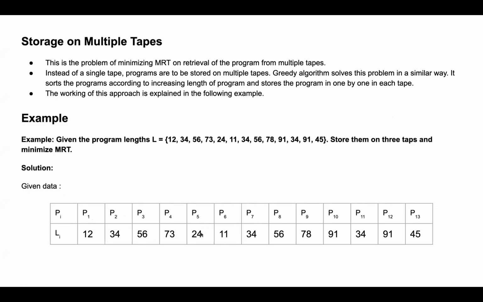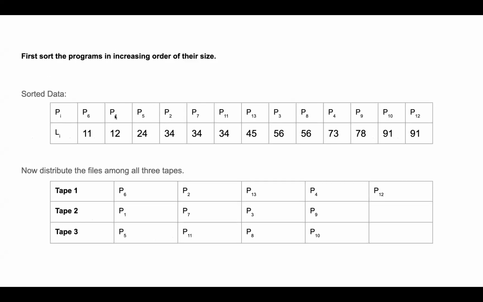Then after 24, it is 34. For 34, three programs are there, P2, P7 and P11, so we will take them one by one.